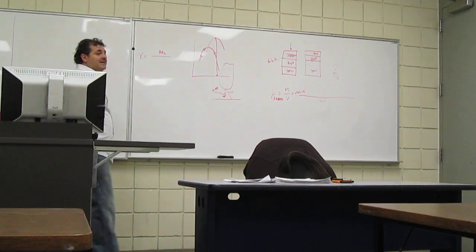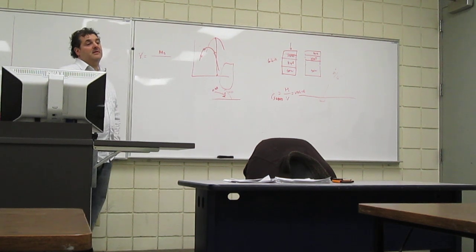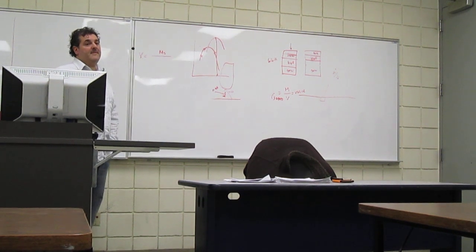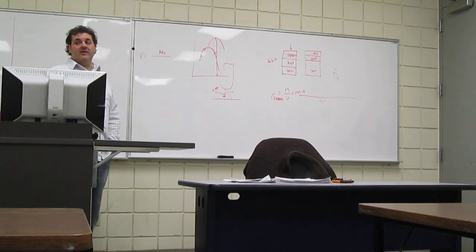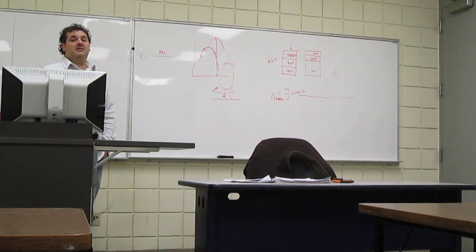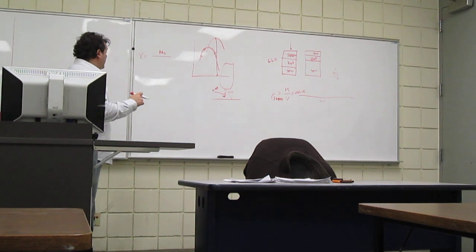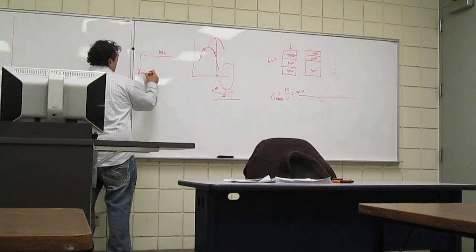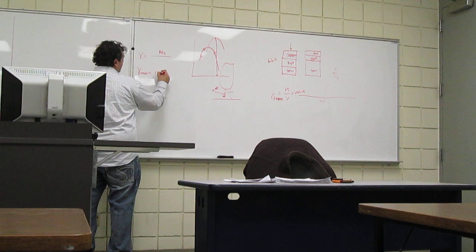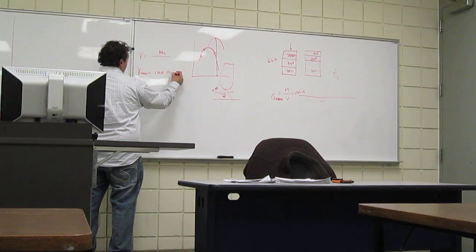So that's going to be the mass of sand. Okay, we need to know the volume. How can we figure out the volume at this point? Remember, we know the density of the sand. So for the density of the sand, we have a number, 100, let's say, pounds per cubic foot.